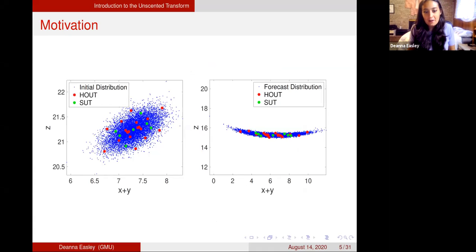Now focusing in on these distributions, we'd like to summarize these distributions with a small set of points in order to reduce runtime. Currently, we can do that with the Unscented transform, but we want to be able to better capture the variation of the distribution with our own transform.